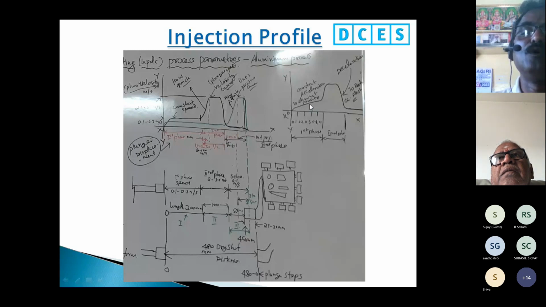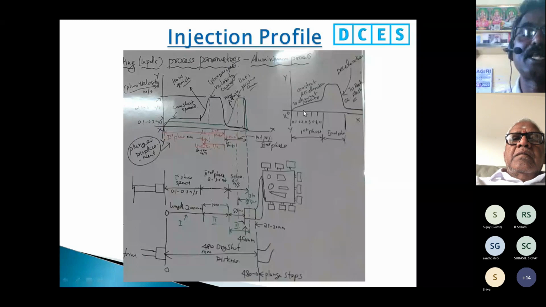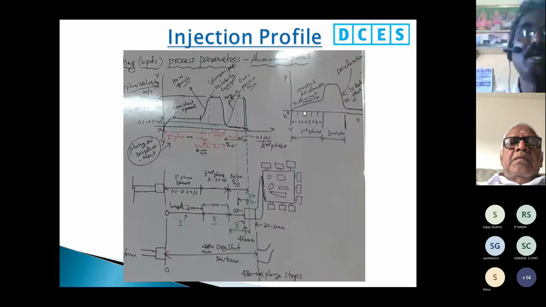As I told you before, by using the injection profile and the shot sleeve optimization, we can get this curve. This is a constant acceleration curve. So most of the air can be evacuated by adjusting the injection profile like this.